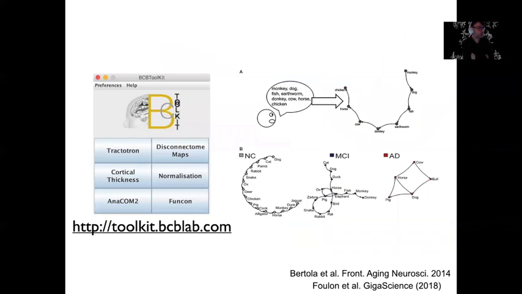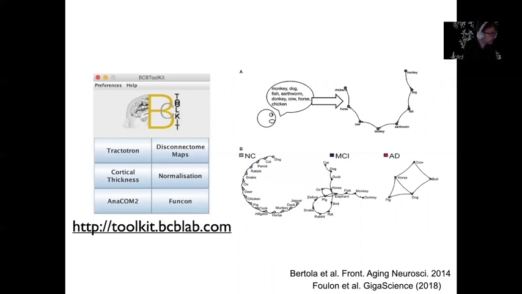So to do so, we produced a software to allow people to modify their observation of brain lesions, which is the BCB toolkit. You can download it on our website. This software will allow you to study the tracts that are classically disconnected, exactly like the case of Phineas Gage and the frontal disconnection or the uncinate disconnection.